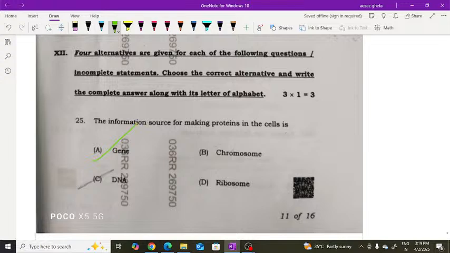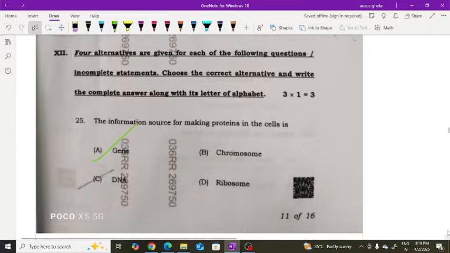This is the kind of question where a lot of things can happen. It can be DNA, it can be a gene. If we go deeper in depth, then gene should be the answer. If we see superficially, up to your level, then the answer looks like DNA.